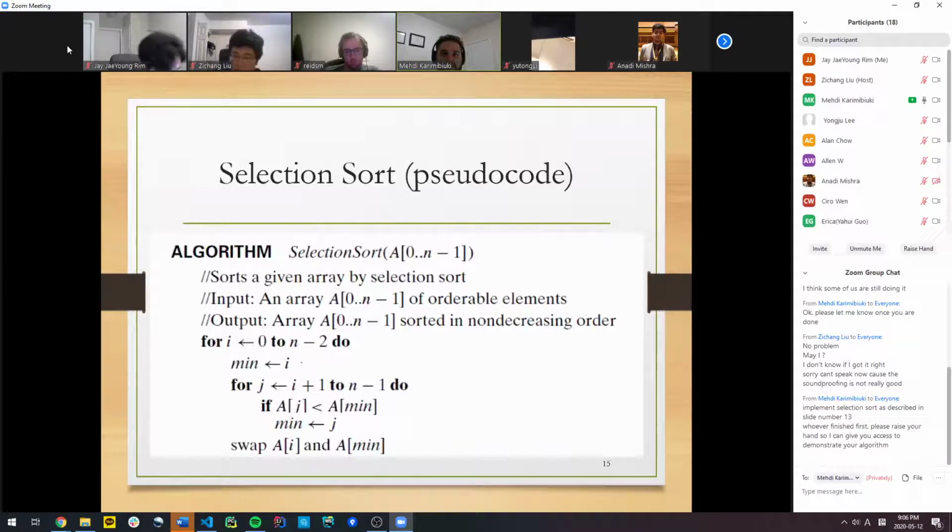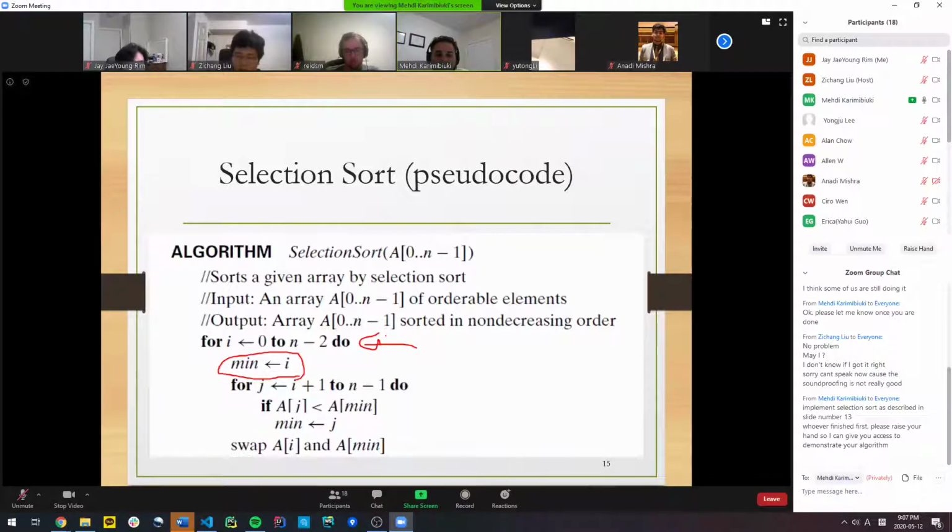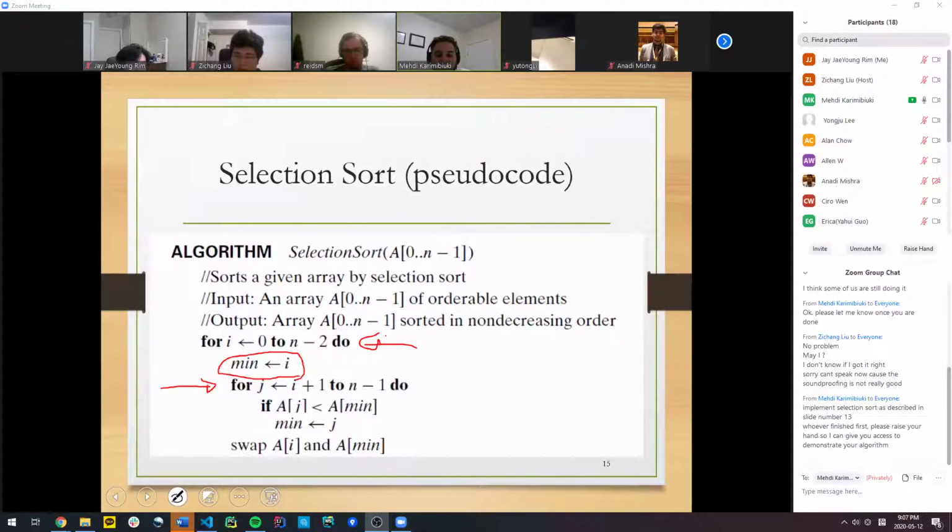We have a for loop that is going from i equal to 0 to n minus 2, and we put the index min to i. Then we have a second for loop that is starting from j equal to i plus 1 to n minus 1. If a[j] is less than a[min], then we put j into min.